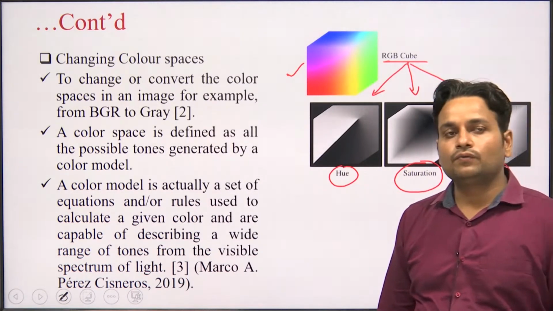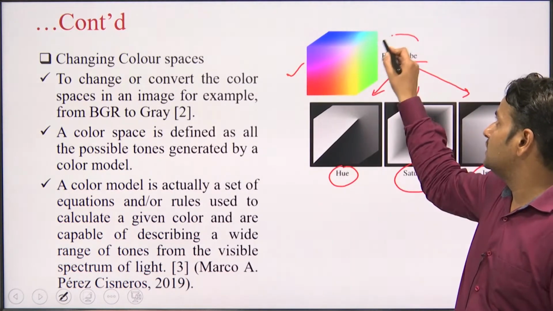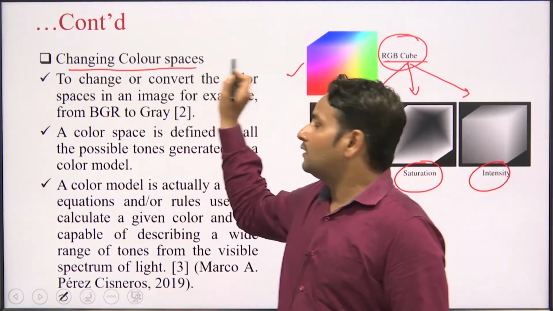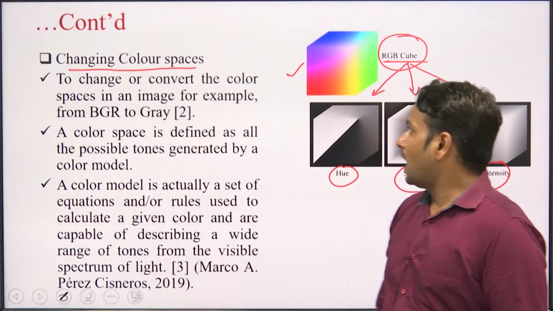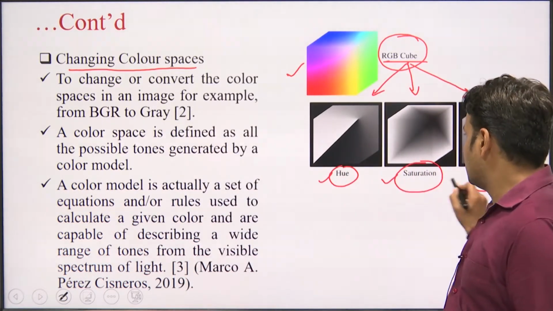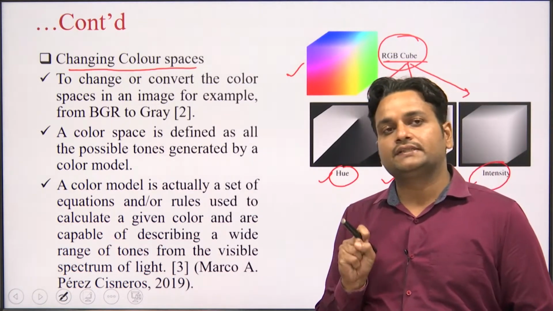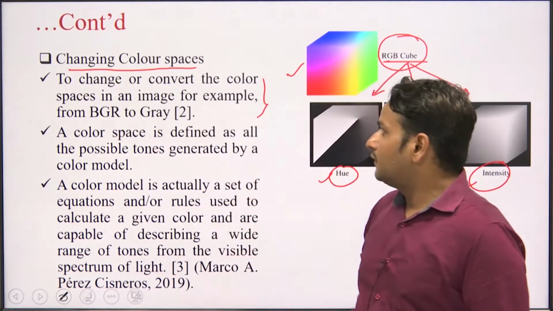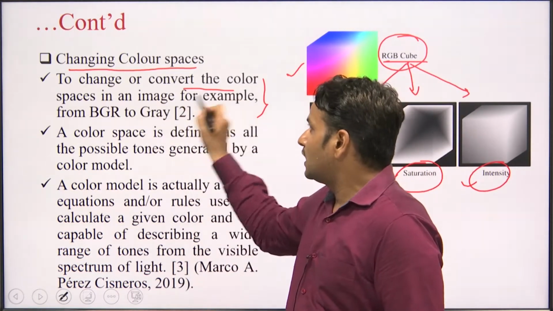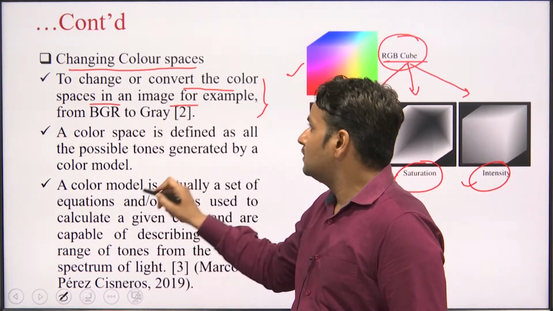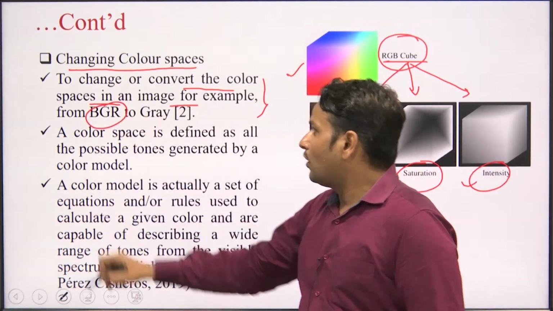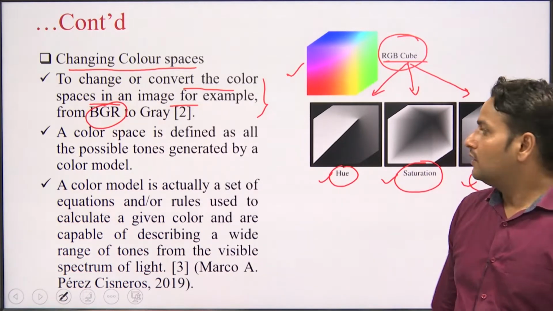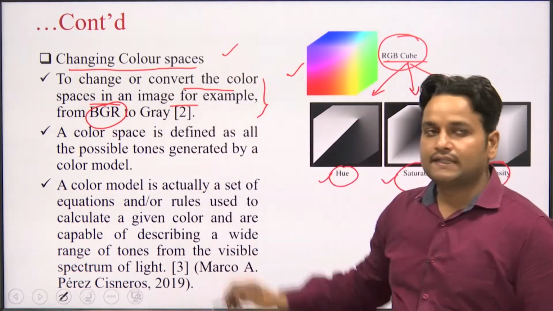These 3 terms you can observe related to the RGB cube. According to the changing color spaces operation, you can identify these 3 terms by which you can extract your desired information. You can also convert the image space of an image from BGR or RGB to grayscale. That operation you can do by using changing color spaces.